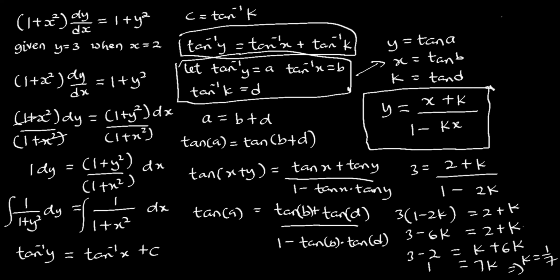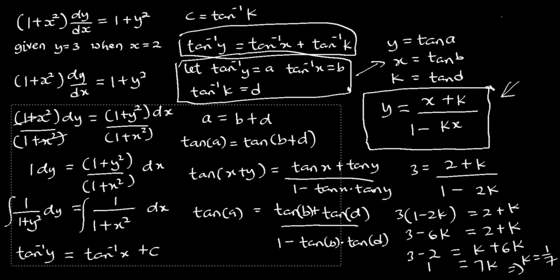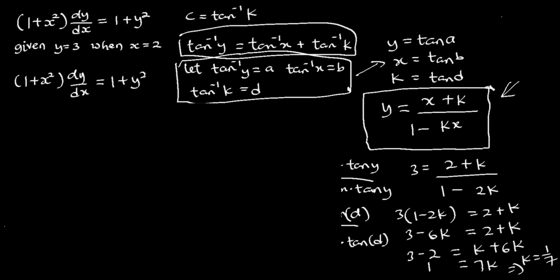From here we can substitute k into the general solution so that we get our particular solution. So you are going to have y equals x plus k, but k is now 1 over 7, divided by 1 minus kx, which is 1 over 7 multiplying x.